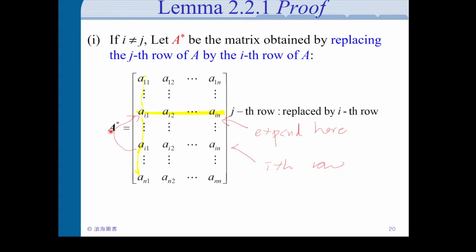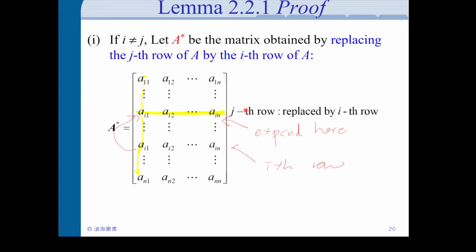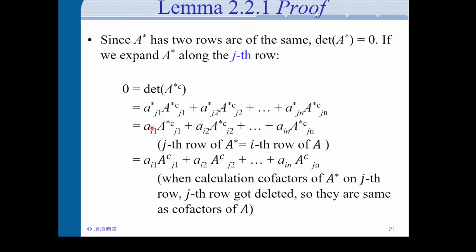So the covector of A star on the jth row is the same as the covector of A on the jth row. That's just ACJ1, ACJ2, all the way to ACJN. And that's exactly what it is when we expand it out.